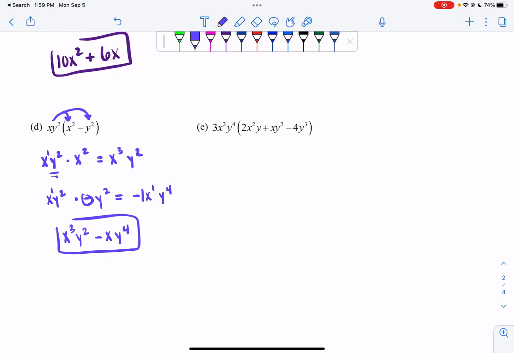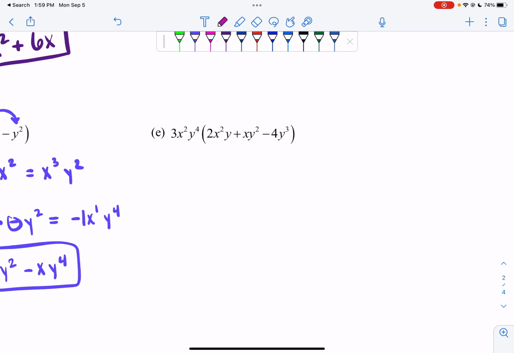Now in E, for our last example of the day, we still do our distribution. So 3 times 2 is 6, x to the 4th, y to the 5th, because you're adding those exponents. And now I have 3x squared times xy squared, so 3 times 1 is 3.